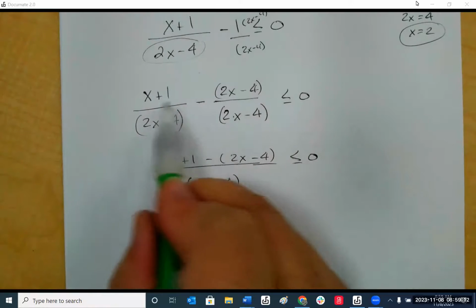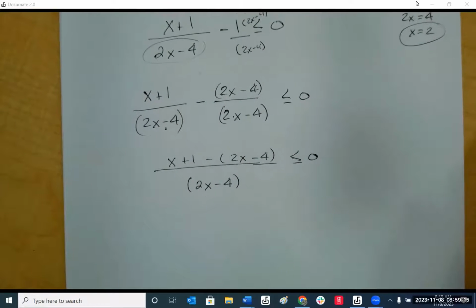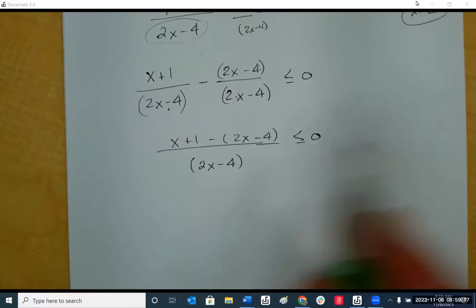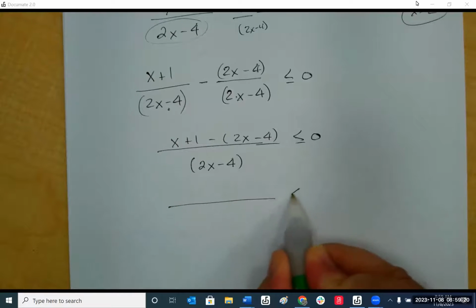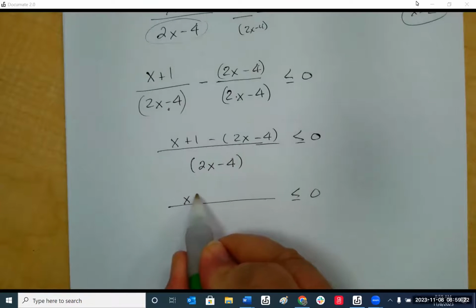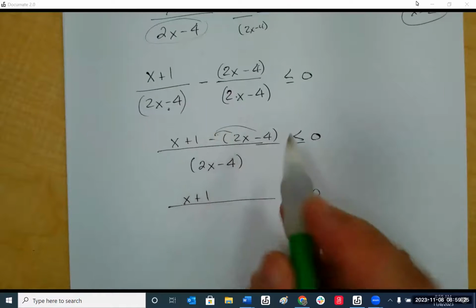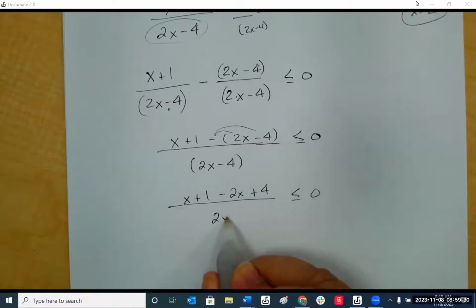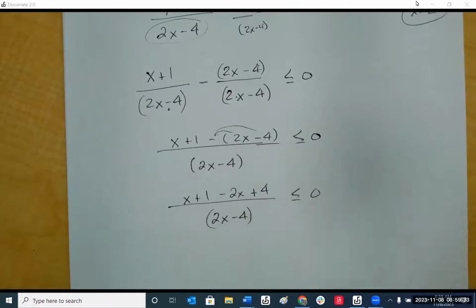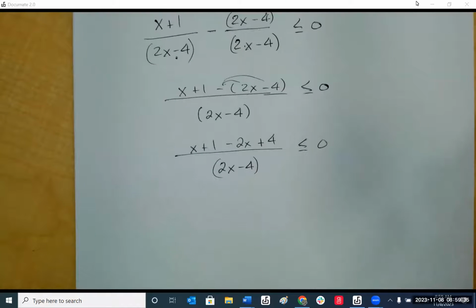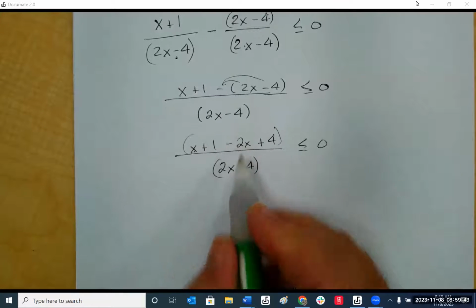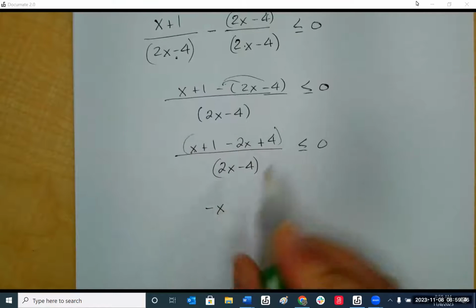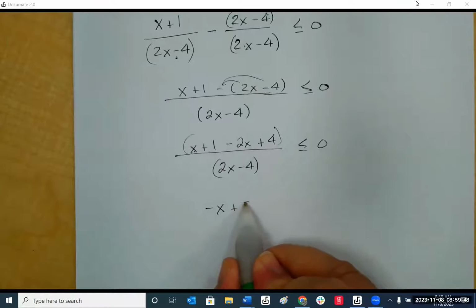Since we have a common denominator, we'll just worry about the top now. So we have an x plus 1. The negative distributes, so it's minus 2x plus 4. On top, combine like terms. x minus 2x is negative x. 1 plus 4 is 5.